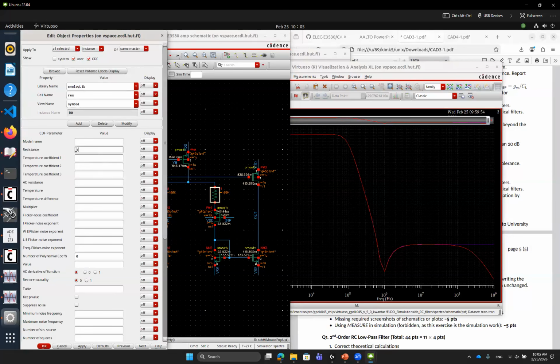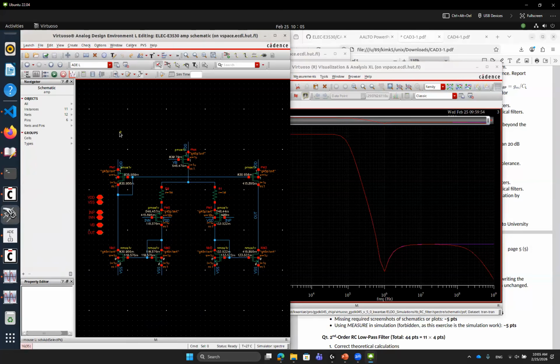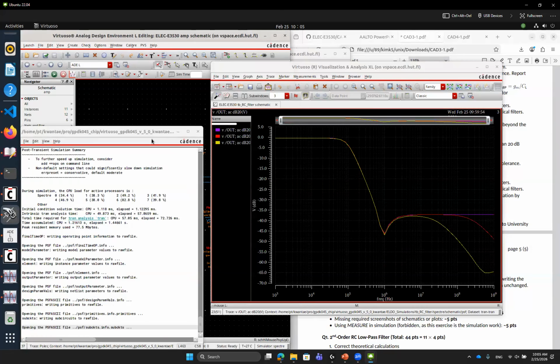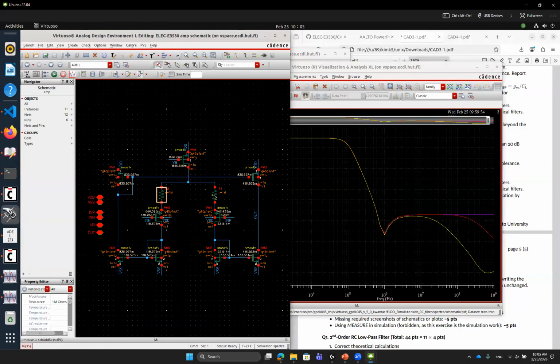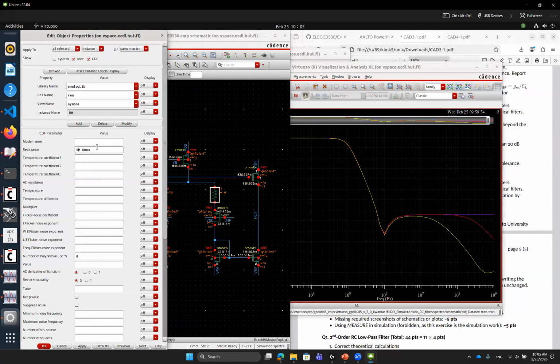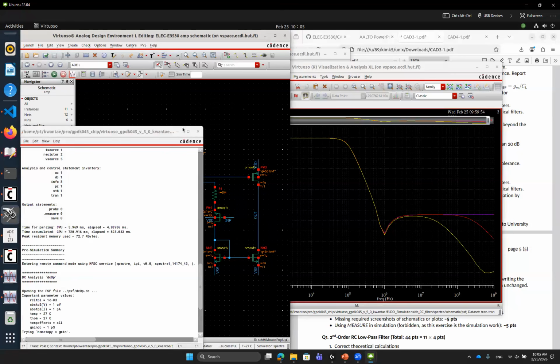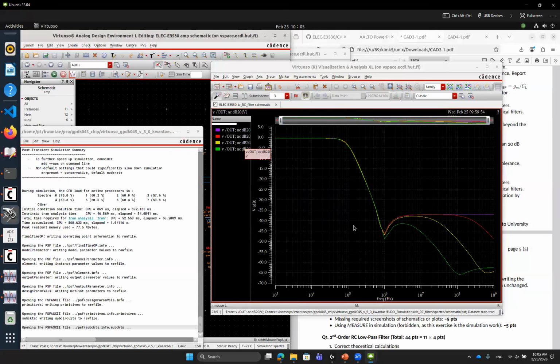So if you increase to 1 mega ohm, then let's see what happens. Then it goes like this, right? So if I increase to 5 mega ohm, it goes like this.